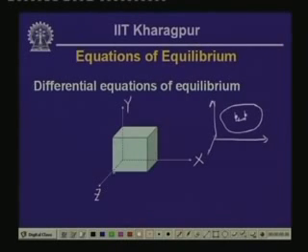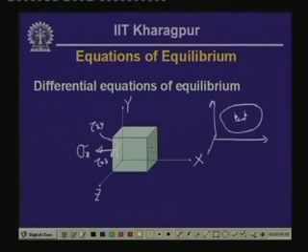Now, on this particular plane, the normal to which is parallel to x, which we have as the x plane, we have the normal stress sigma x. We have the two shearing stress components: the x plane acting in the y direction, which we call tau x y, and the stress in the x plane in the z direction, which we call tau x z.